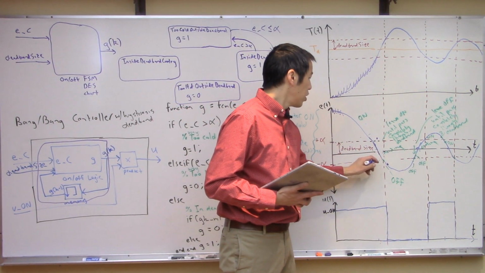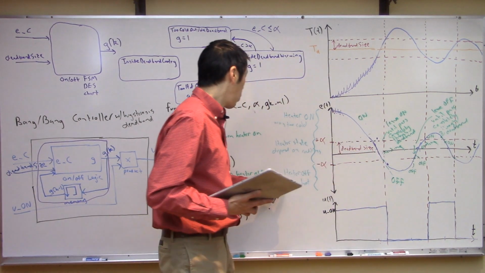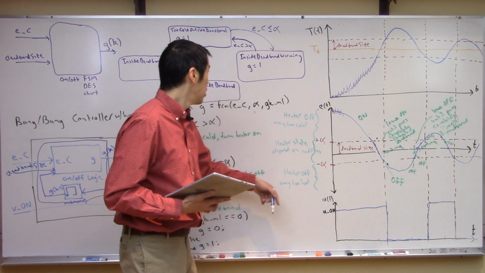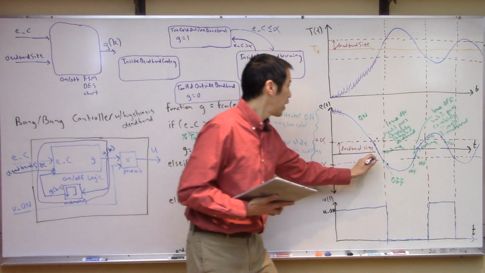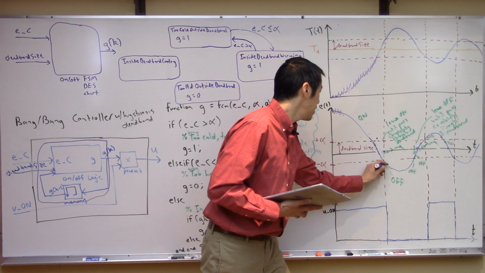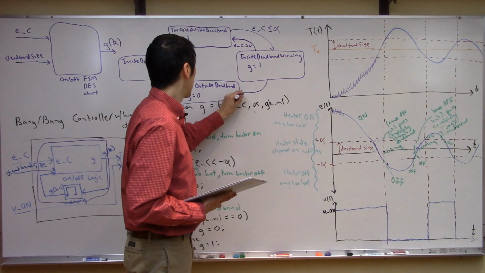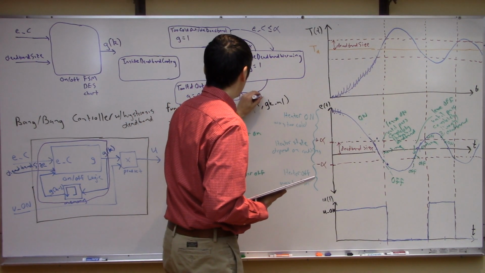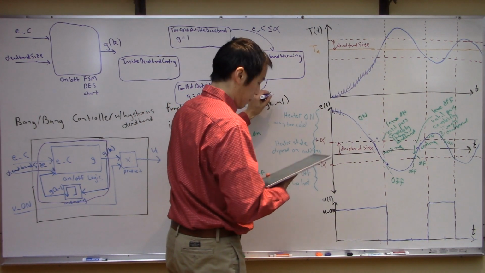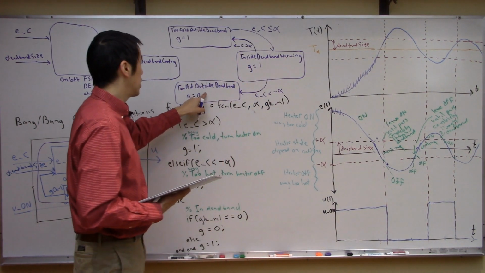Now what we're going to say is we're only going to allow a transition now to the way too hot state. That occurs right here, when the error signal goes below negative alpha. So I'm going to draw it like this: when the error signal is less than minus alpha, you transition to here.